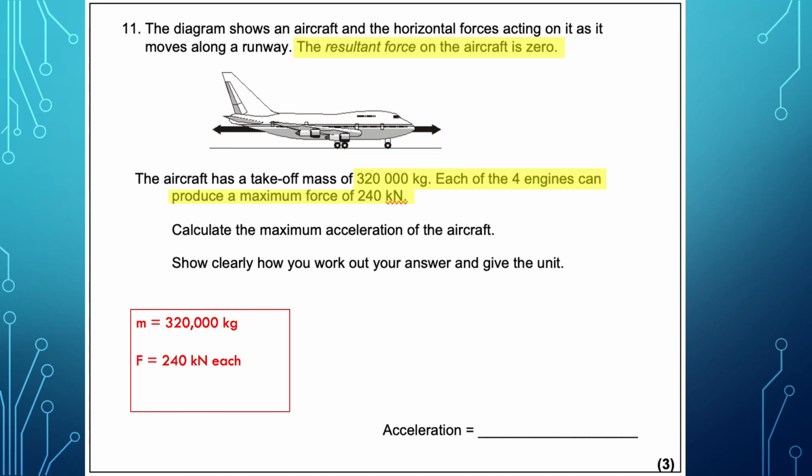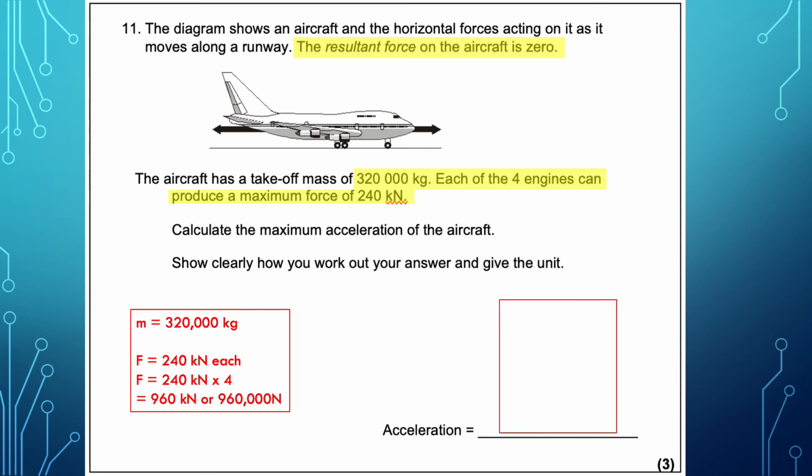There's 4 of them, and each one can produce 240 kilonewtons. So we want to multiply each one by 4, and so the maximum force that we can get from this aircraft is 960 kilonewtons, or 960,000 newtons. Changing kilonewtons to just newtons, you just multiply it by 1,000. And that gives us the numbers that we need to figure out acceleration.